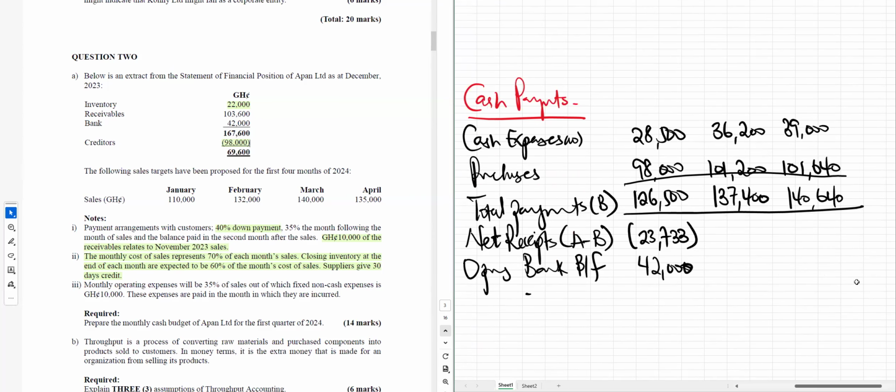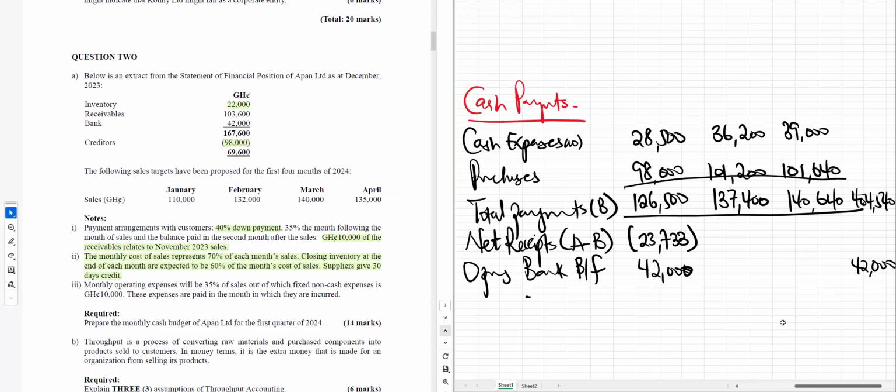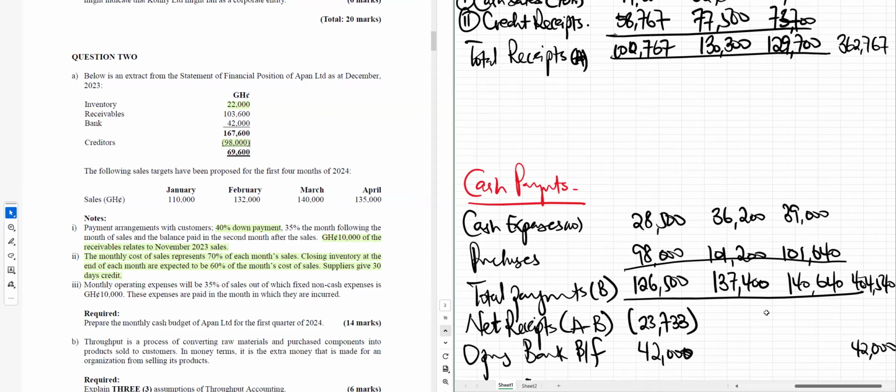Total payments, you're saying: 126,500 plus 137,400 plus 140,640. 404,540. So this opening bank, I'll bring it here too. 42,000. Okay. So net receipt, the next one was what? 130,300 minus 137,400. This one too is a negative 71, right?